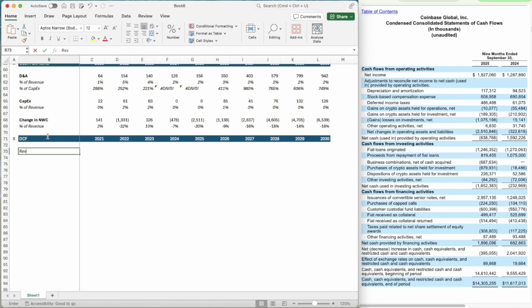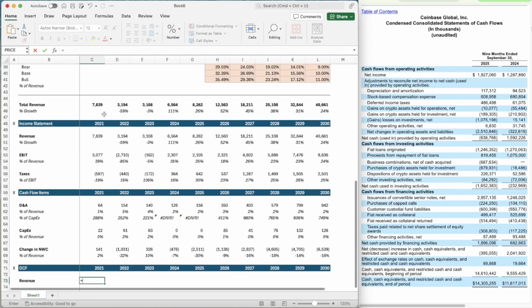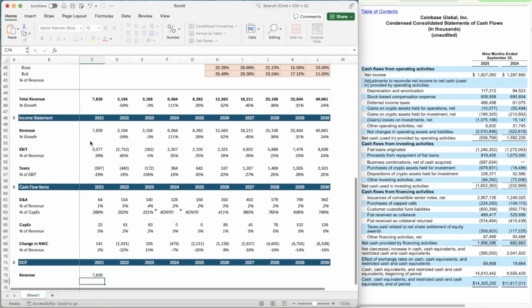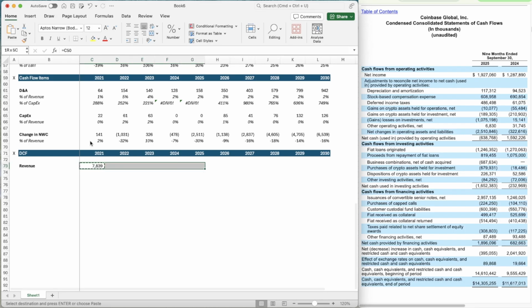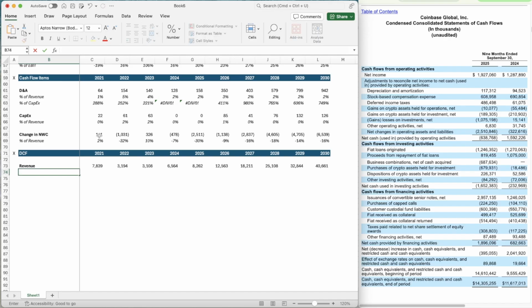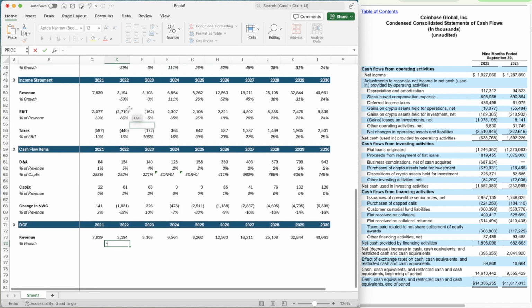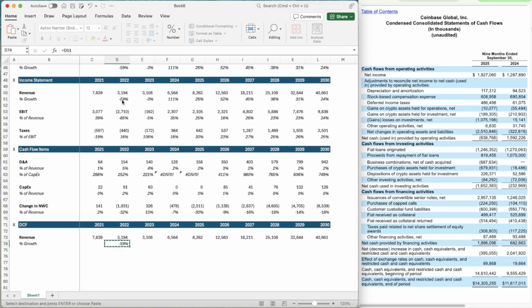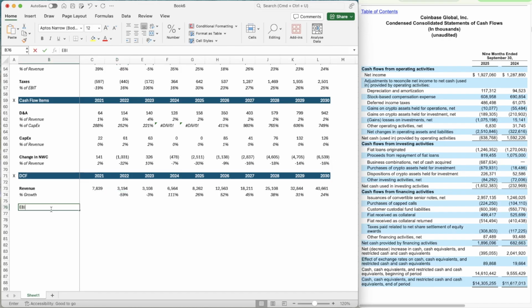Again, we bring revenue. Drag it across. EBIT.